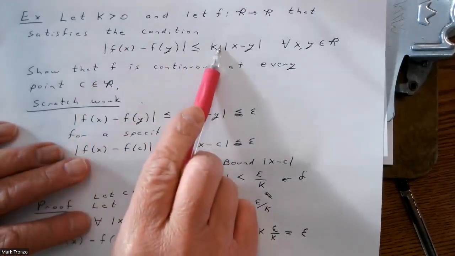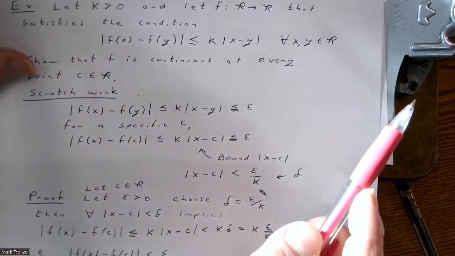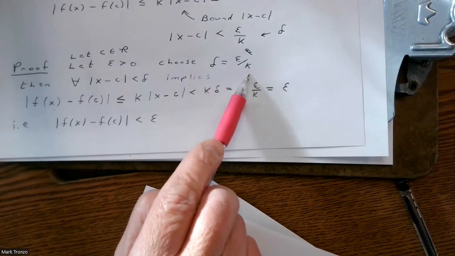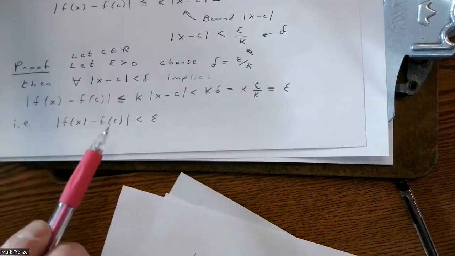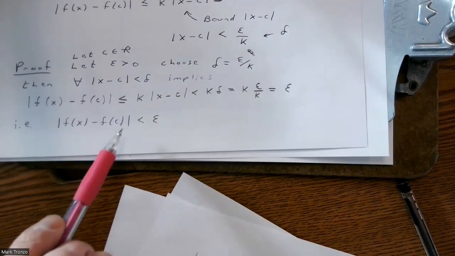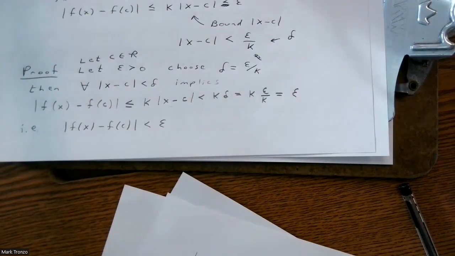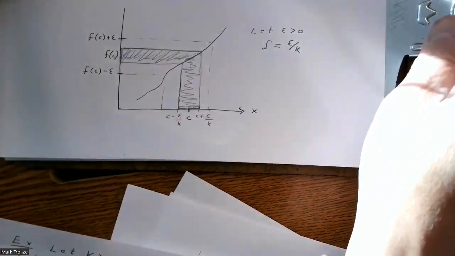Here they don't say that, but we're still able to prove it's continuous, as long as we pick our delta this way, we can prove that we can map into that f of x minus f of c less than epsilon. Any questions at all? Okay, good.